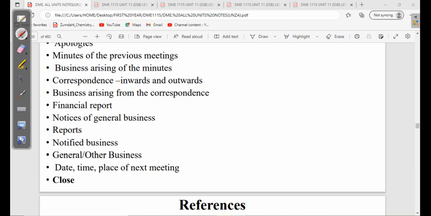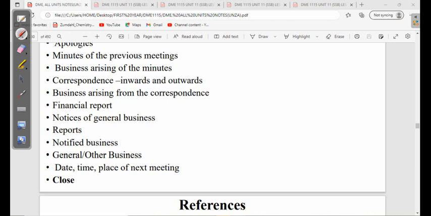And there will be reports such as secretarial reports, and any other business. And then you have the date, time, and place of the next meeting. When are you going to have the next meeting? So you start with welcoming, end with the information about the next meeting, and then close maybe in a prayer or something. So that is how you write an agenda.